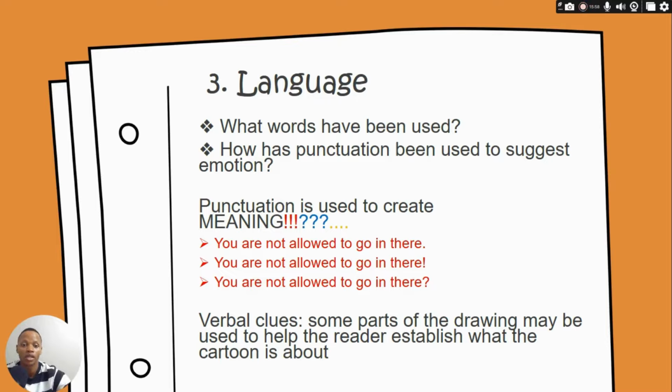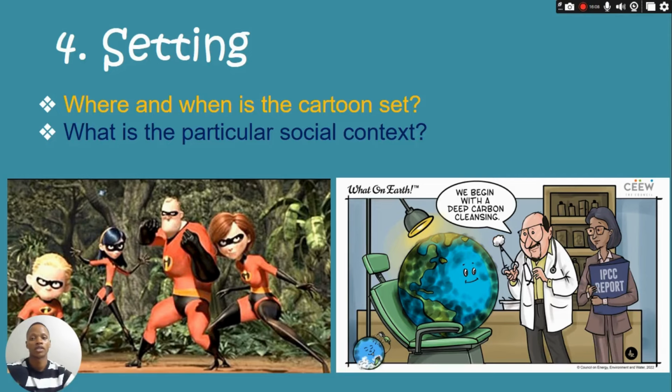For example, there was an exclamation mark there, which was shouting. Now there is a question mark, which is basically inquiring. And then you have verbal clues. These are some parts of the drawing that may be used to help the reader to establish what the cartoon is basically about.